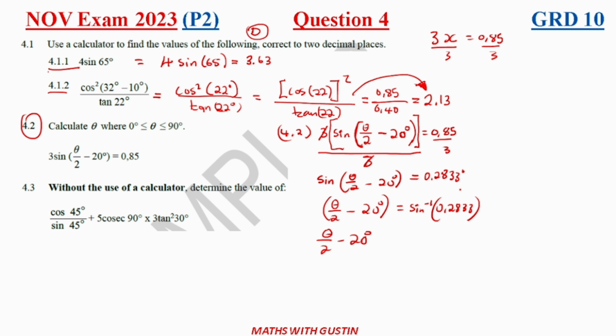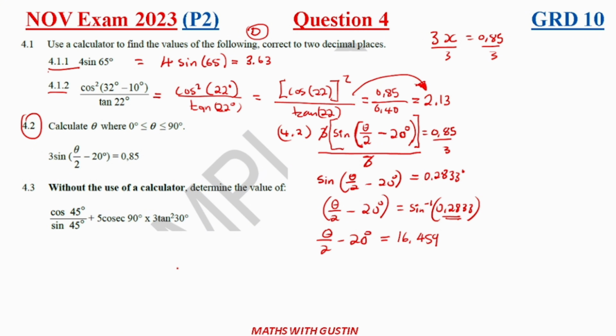In your calculator you must press shift, and then sine. Then you put this number in, and it should come to what I'm getting here. I'm getting 16.459.